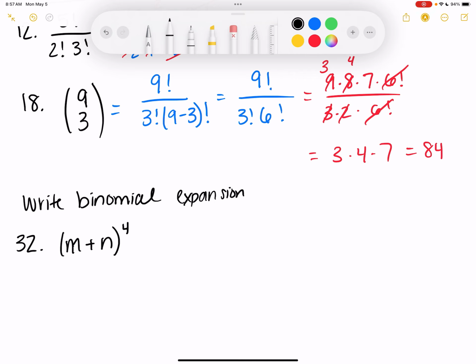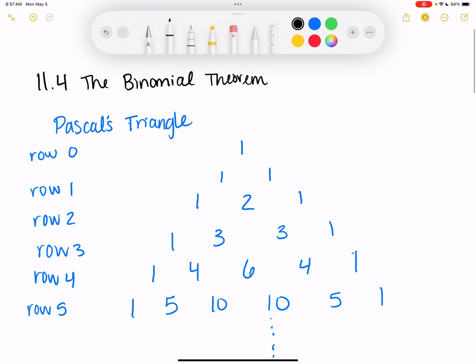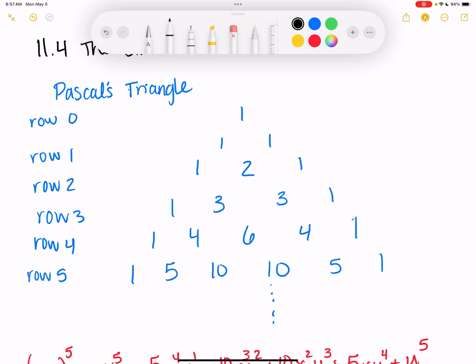I can do this a couple of different ways, but the first one is I could go back to Pascal's triangle. This is raised to the fourth power, that means I need row 4. And I could pull the numbers 1, 4, 6, 4, 1. There's always going to be one more term than whatever your power is.